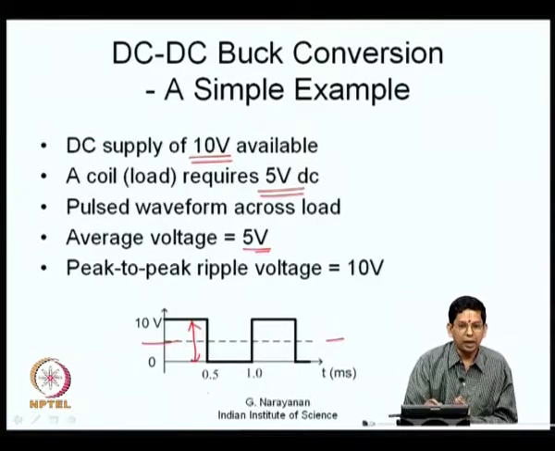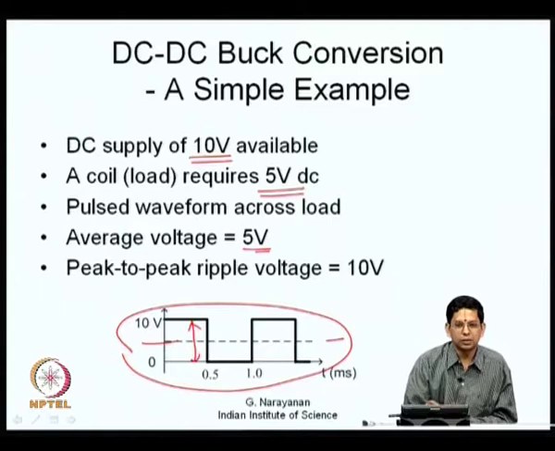So, if you need buck conversion, you need a network of switches which can produce such a pulsating waveform, and you also need some kind of filtering which will ensure that a DC current with much reduced ripple flows through the load.